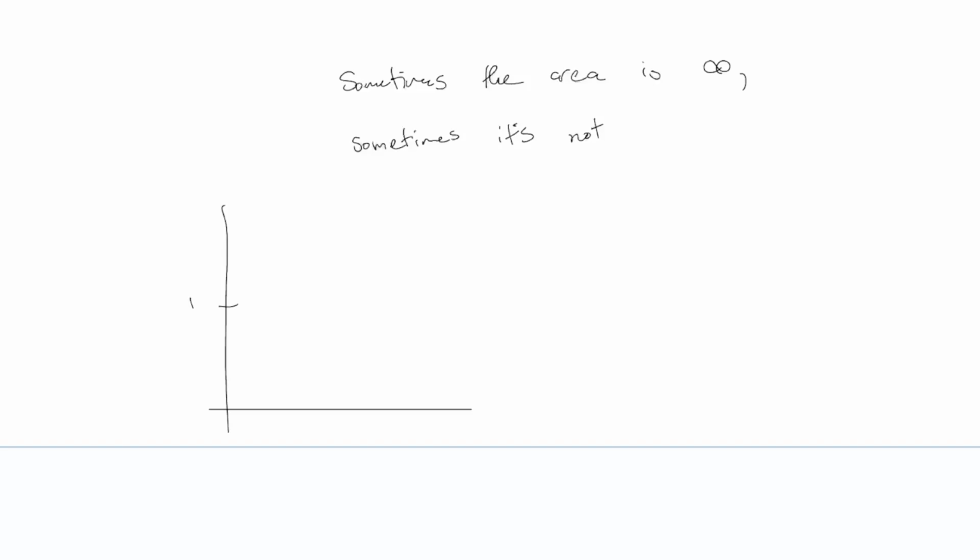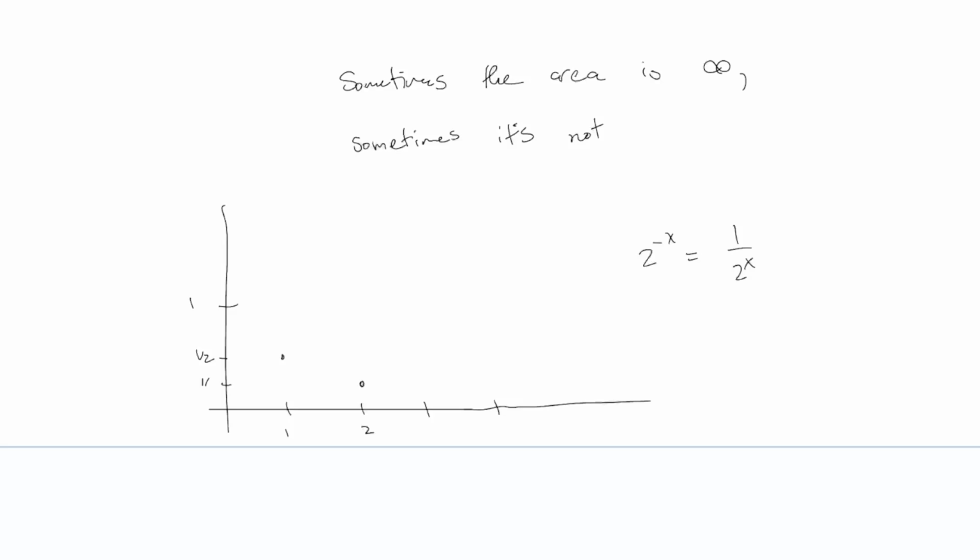This function is 2 to the minus x. 2 to the minus x, of course, is the same as 1 over 2 to the x. And if I were to graph this function at various values, let's say x equals 1, the value is a half, right? It goes here. At x equals 2, it's 1 over 2 to the 2. That's a fourth.